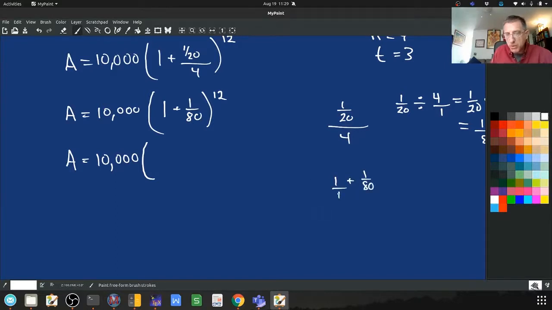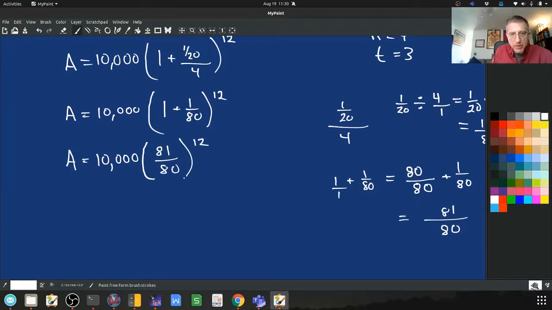The easiest way is to write 1 as 80 divided by 80, which is clearly 1, and add 1/80 to it. Now that I have a common denominator, all I have to do is add the numerators. I get 81/80 to the 12th.